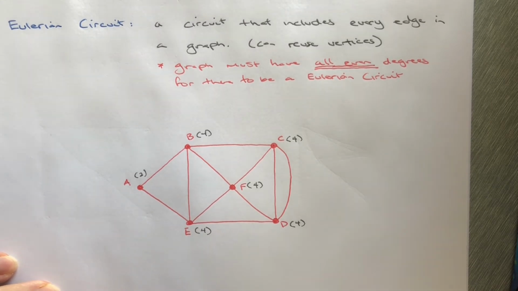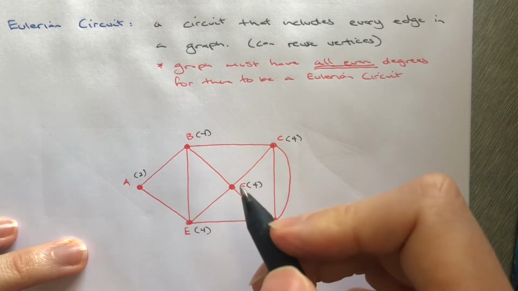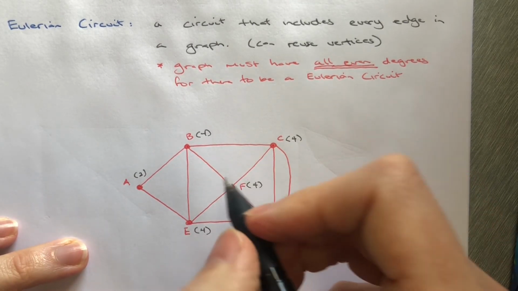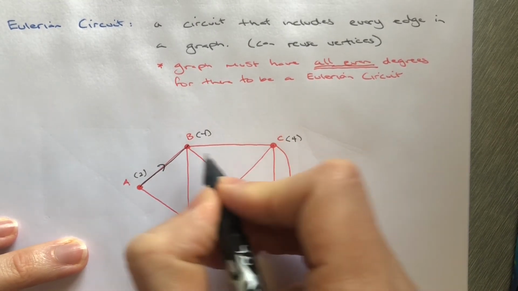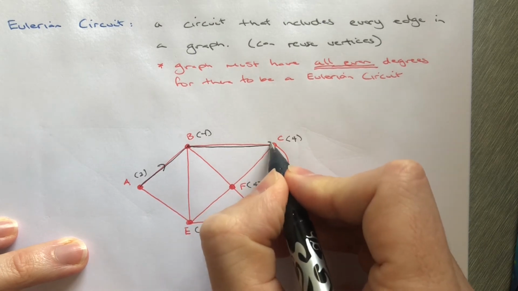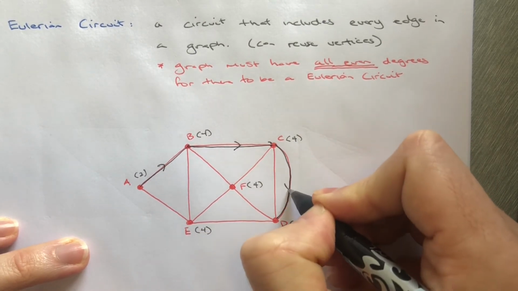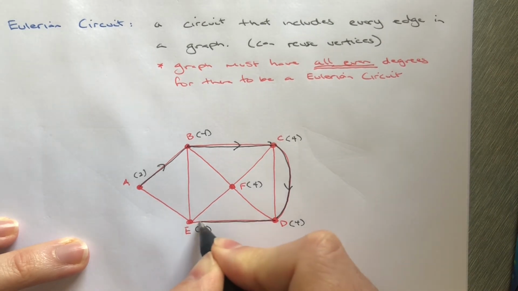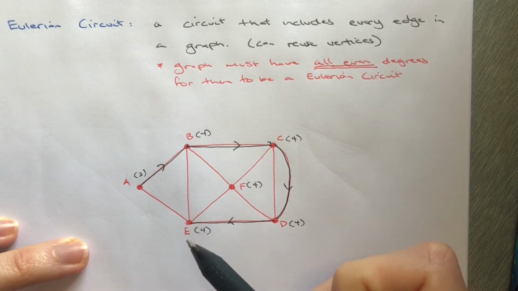make a start. I might start here at A. Go this way. I might do a little bit of a lap around the whole thing to start with. Now, I'm not going to go to there because I wouldn't have used all the edges just yet.